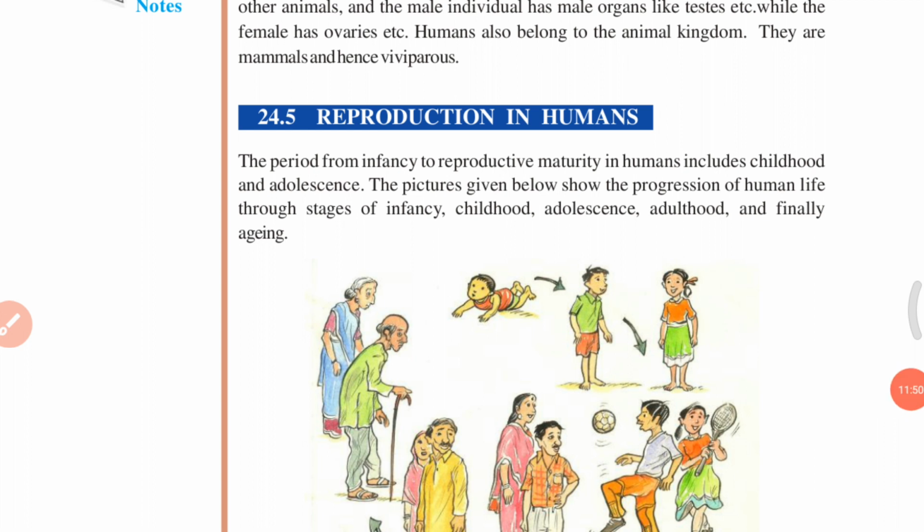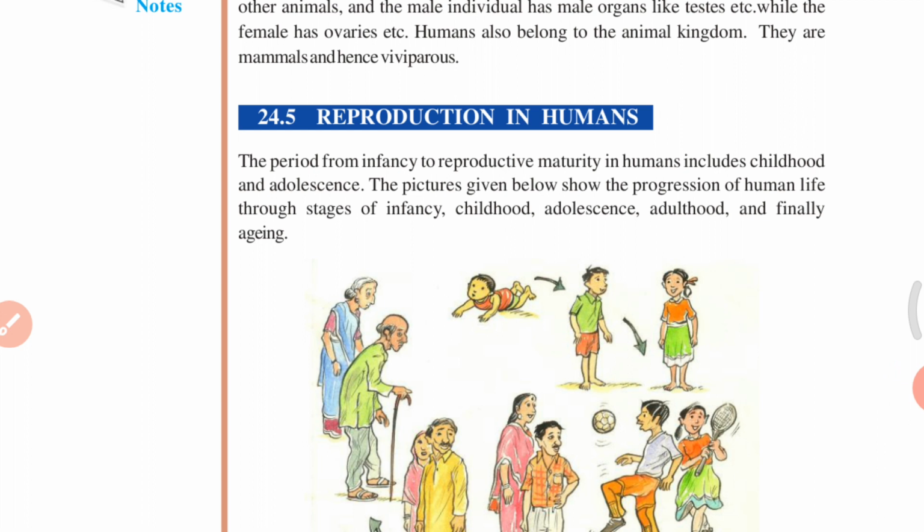Now we are going to discuss reproduction in humans. Humans start reproduction only after completing adolescence. The period from infancy to reproductive maturity in humans includes childhood and adolescence. Humans in infancy and childhood have no ability for reproduction.